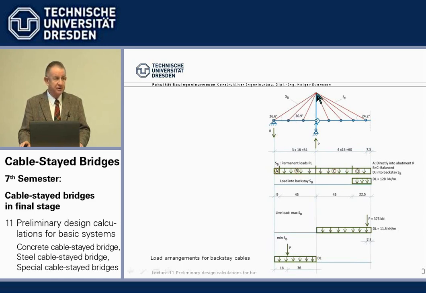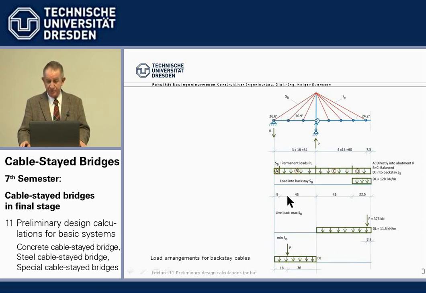So the movement, deflection of the tower head governs the deflection behavior of the whole cable-stayed bridge. I repeat, the backstay cables govern the behavior of a cable-stayed bridge.